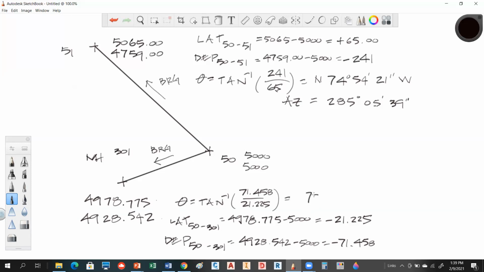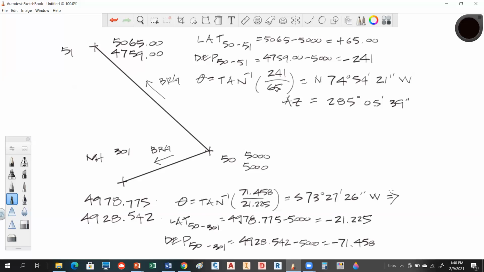It's like 73 degrees, 27, 26, looks like. South, negative, west, which would give me an azimuth. Did anybody agree with my angle, by the way? Yeah, I do.